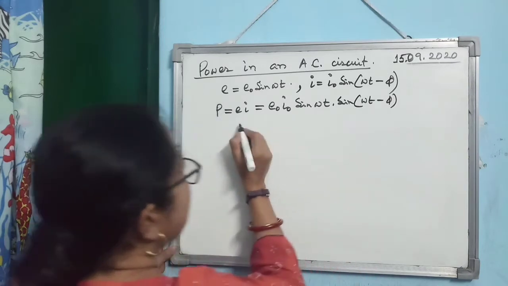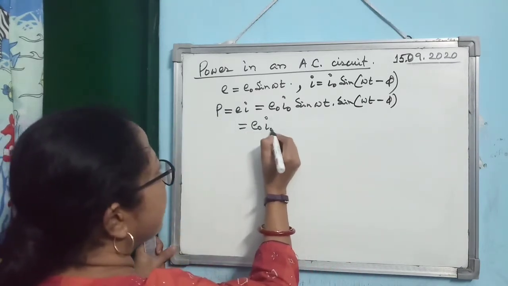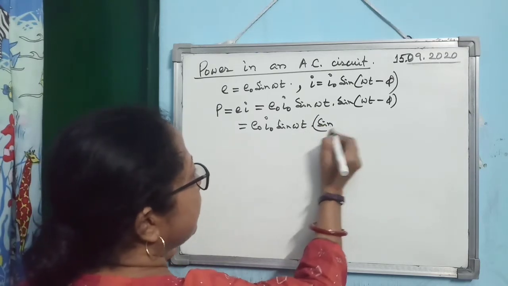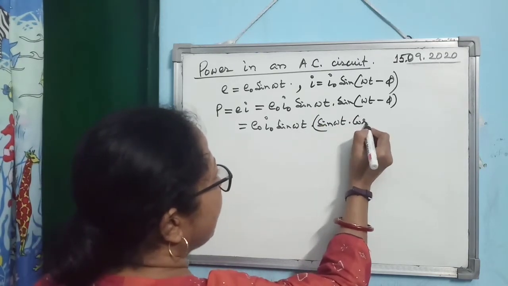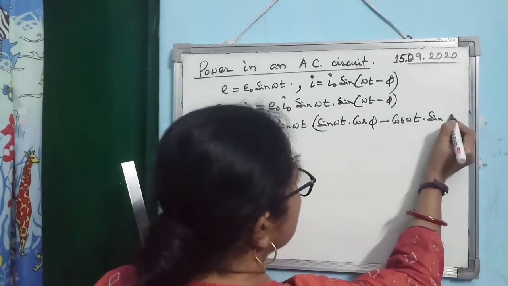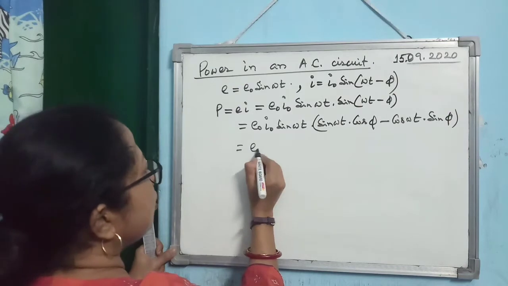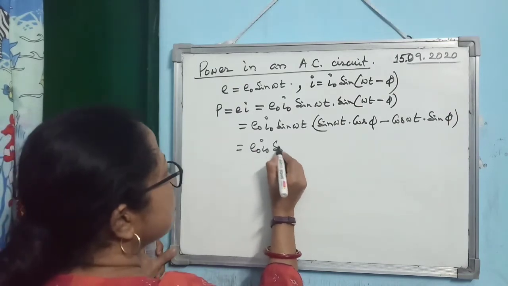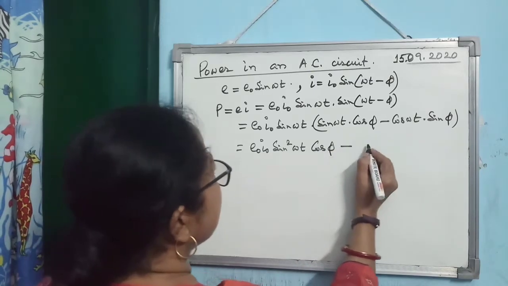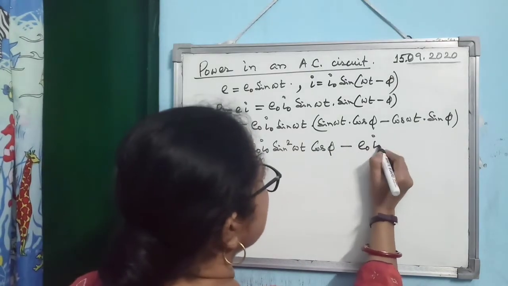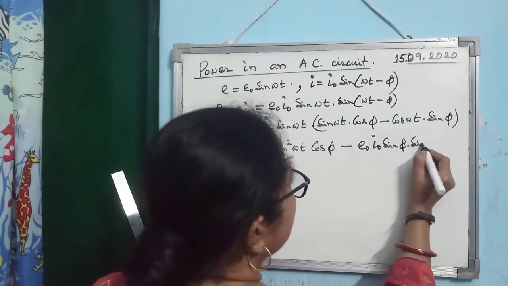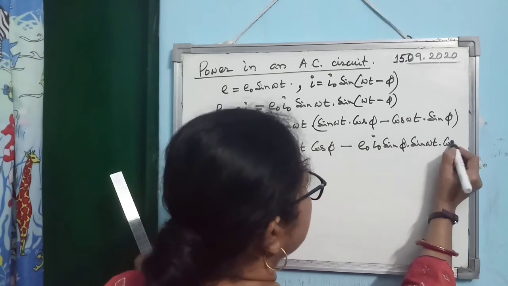Now sin(omega t minus phi) you can break again. If you break it, you will have sin omega t cos phi minus cos omega t sin phi. So you are getting E0 I0 sin square omega t cos phi minus E0 I0 sin phi sin omega t cos omega t.